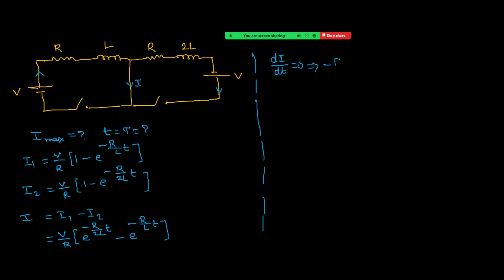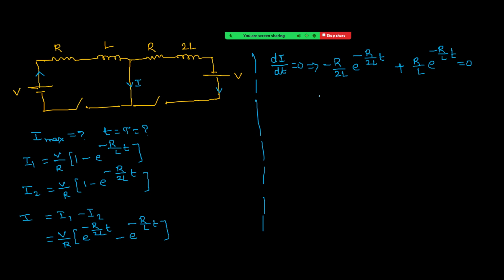Derivative: minus R by 2L, right? e power minus R by 2L into t, minus of minus plus R by L e power minus R by L into t, this is equal to 0, right?